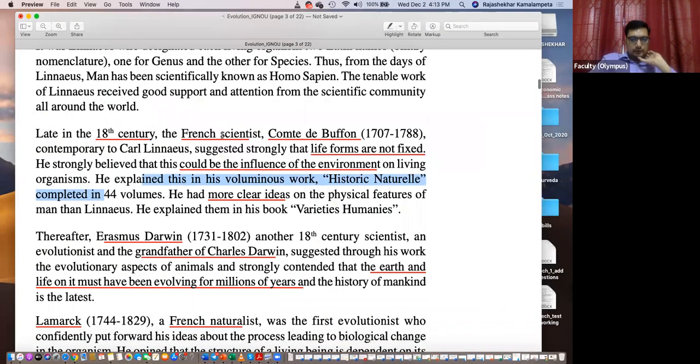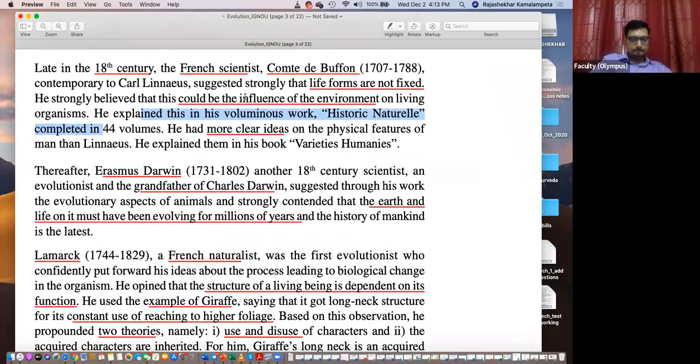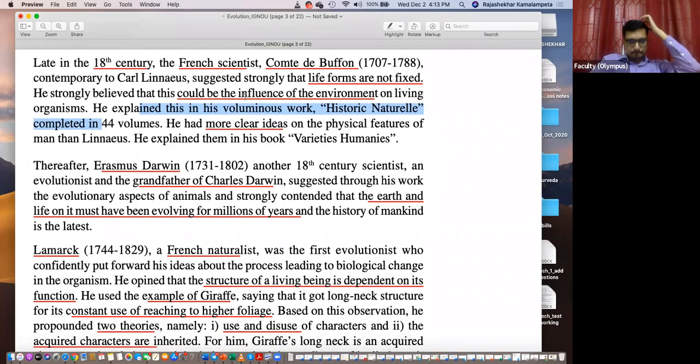Okay, that should be sufficient. So this idea here. And just for your curiosity, Erasmus Darwin, the grandfather of Charles Darwin, from 1731 to 1802, also was an evolutionist.